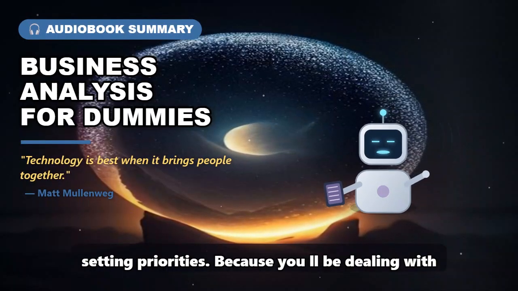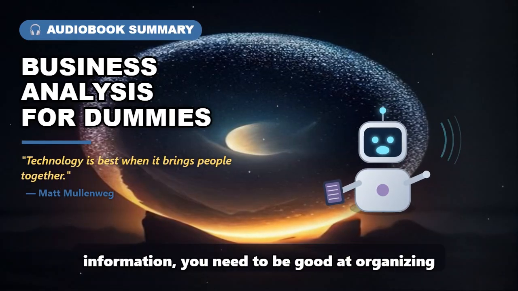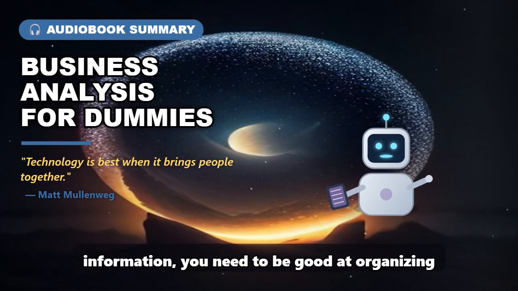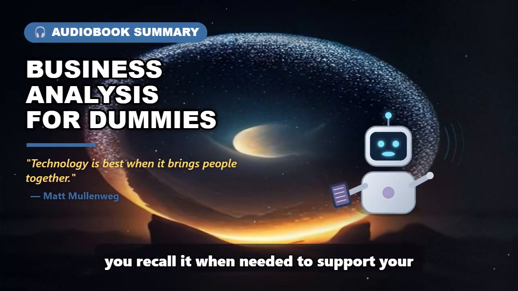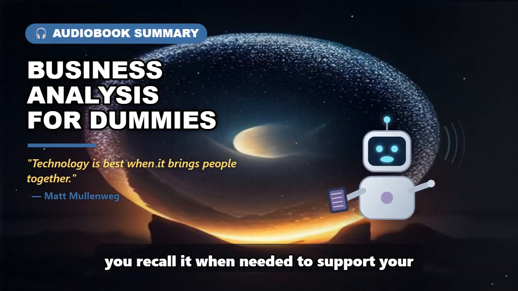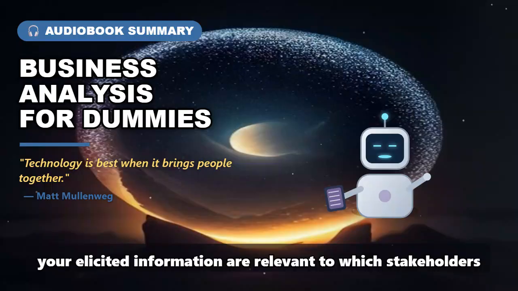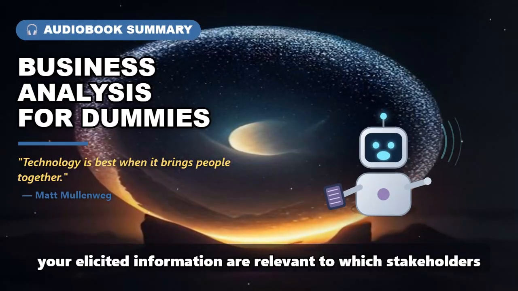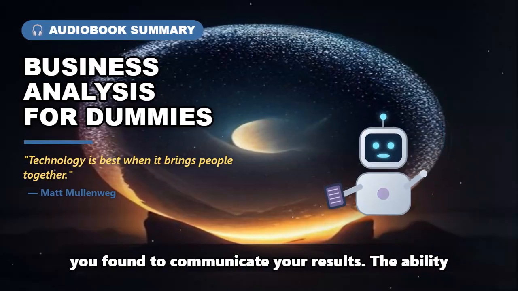Because you'll be dealing with a lot of people and a lot of information, you need to be good at organizing all the information in a way that lets you recall it when needed to support your communication. You need to understand which pieces of your elicited information are relevant to which stakeholders, and how you are going to use what you found to communicate your results.